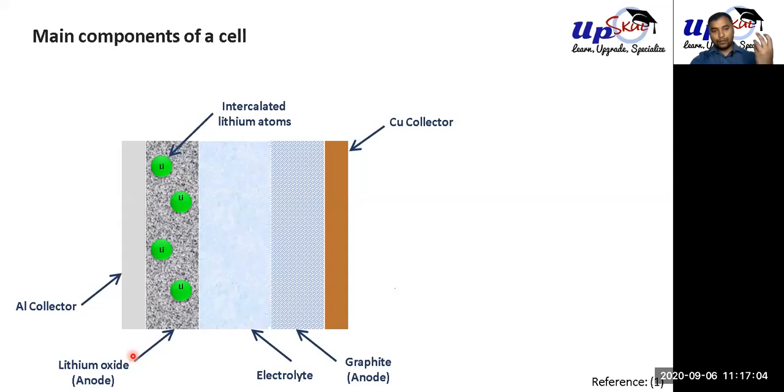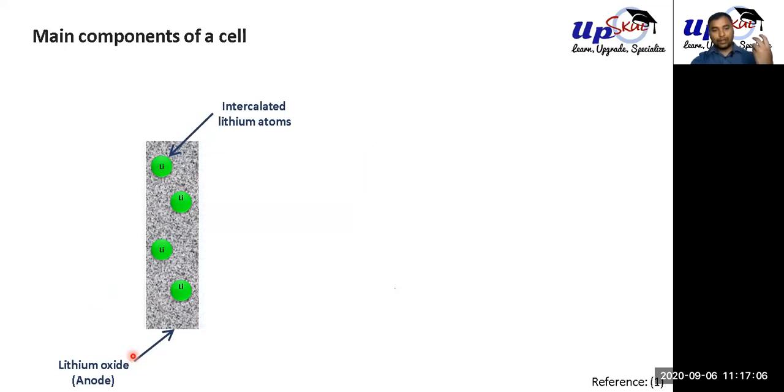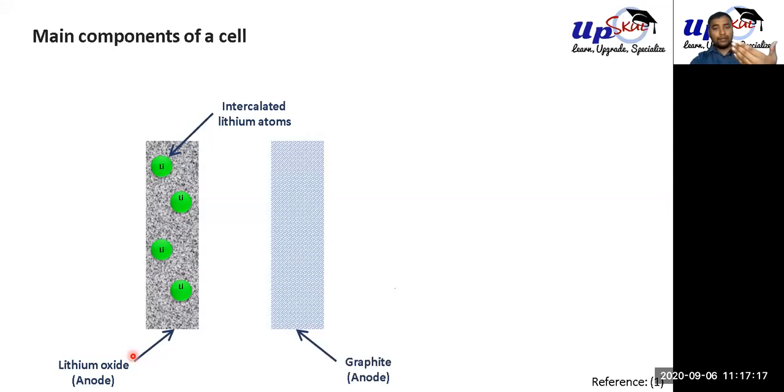So here we have the cathode on this side, and it has the lithium oxide. On the other side, we have the graphite anode. In between them, we have an electrolyte. Theoretically, these three things should serve as a battery. But in order to be practical, we still need a few more components.